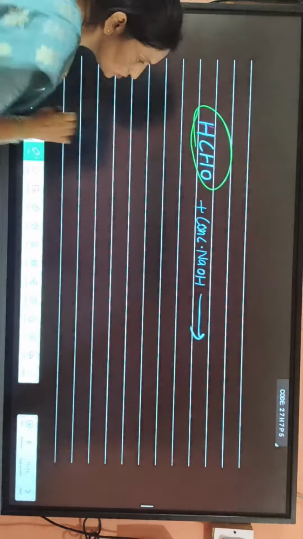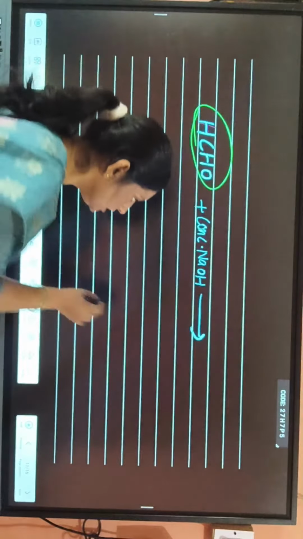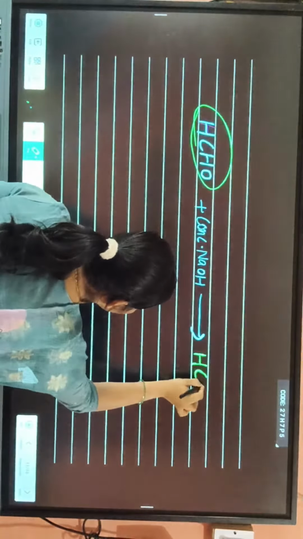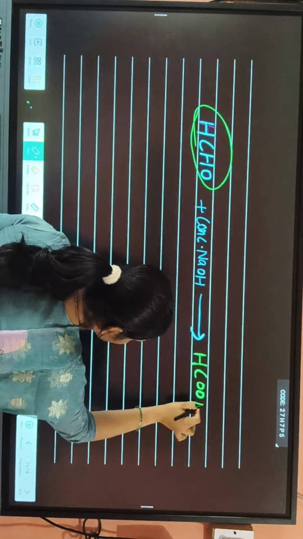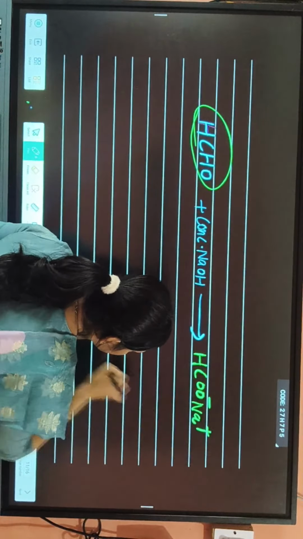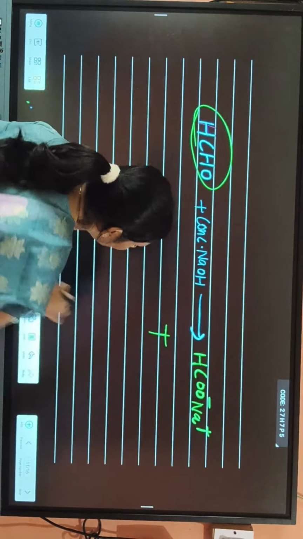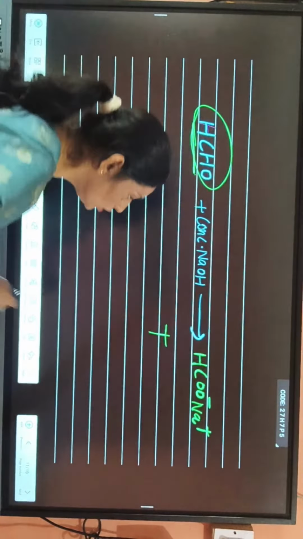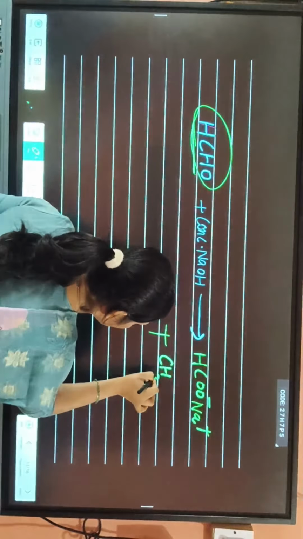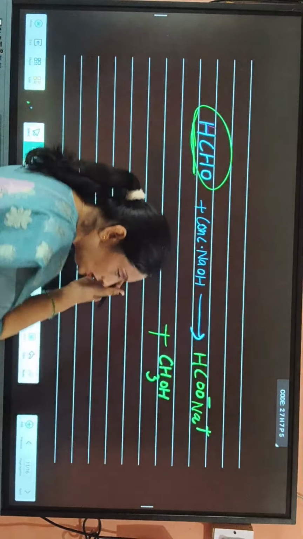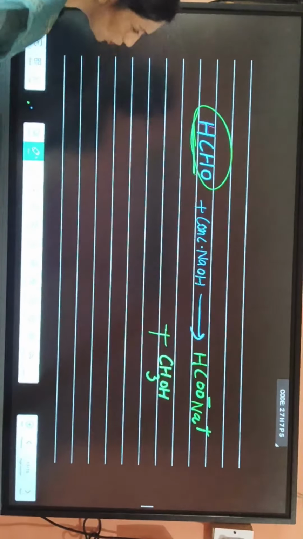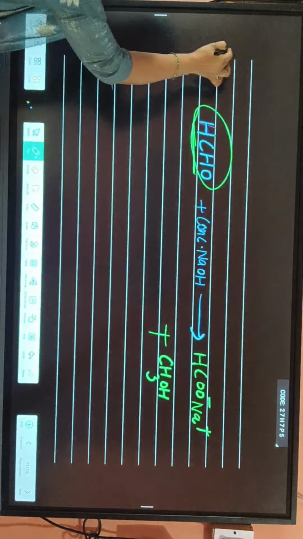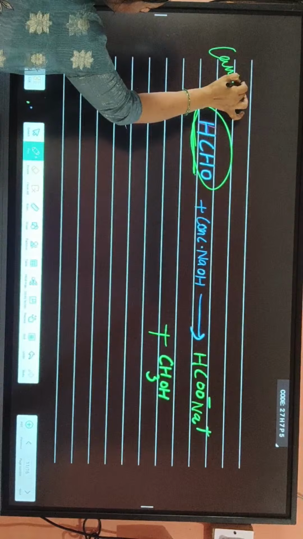You know very well, students, by oxidation aldehydes give a carboxylic acid group, so it will give us carboxylate ion plus, by reduction aldehyde gives us alcohol, so it gives us alcohol also. Okay, that's why it is known as the disproportionation reaction also, and this is one example for Cannizzaro reaction.